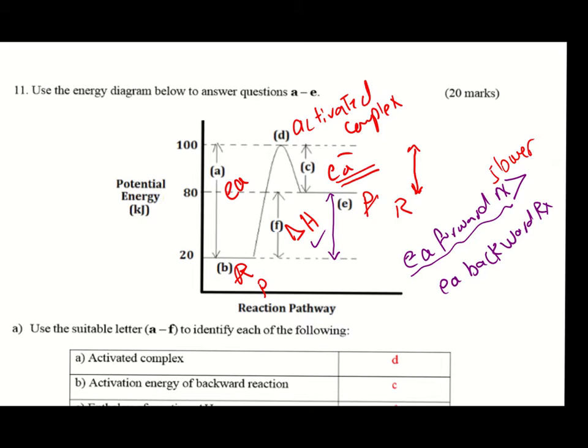This value is 80 minus 20: the enthalpy of products minus the enthalpy of reactant. Sorry, the product has an enthalpy of 80 and the reactant has an enthalpy of 20. 80 minus 20 equals 60 kilojoules.